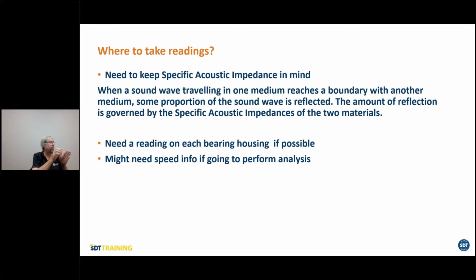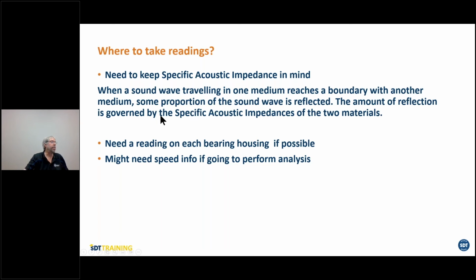If it was all the same metal, it would travel at the same speed through the metal. But once you have different metals, there's always a rebound effect. So the further you are from your bearing, the less the sound will travel. Therefore, you want to put your probe as close as you can to your rolling element bearing to get the best signal possible. Should be obvious, but there's a reason theoretically, mathematically to do so.